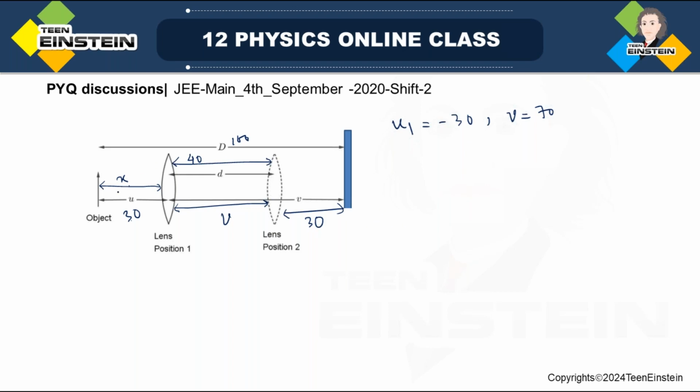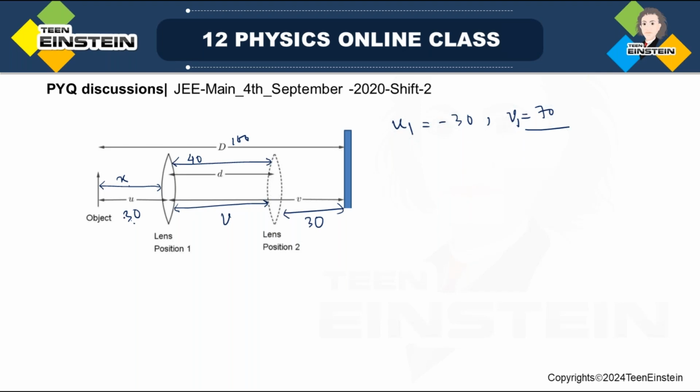I'm repeating. If this u is 30, then since the screen and object distance is fixed, obviously the image distance will be 70. This is the first image distance.